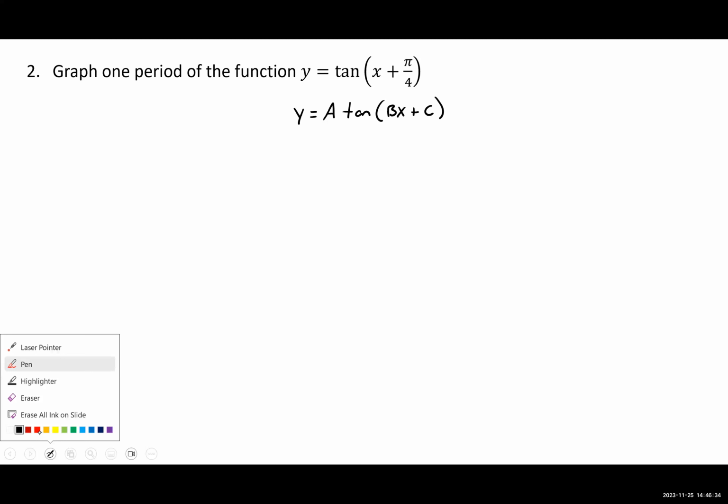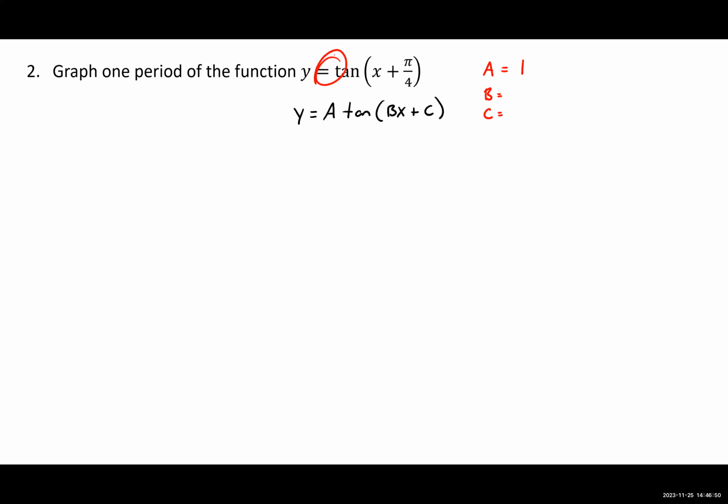Well, what is a, b, and c in this problem? Well, a is 1 because there's no coefficient in front of the tangent, so it's just 1 tangent of x plus pi over 4. Right? The b is also 1, and the c is pi over 4.